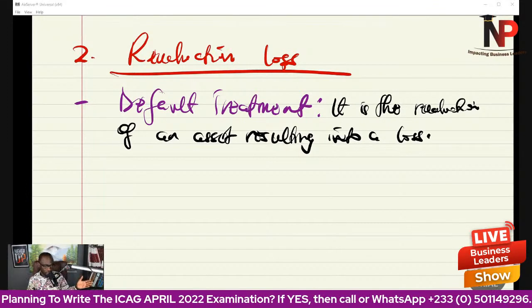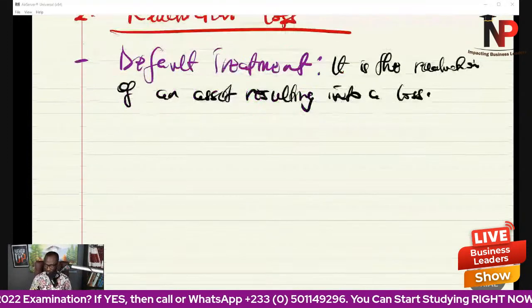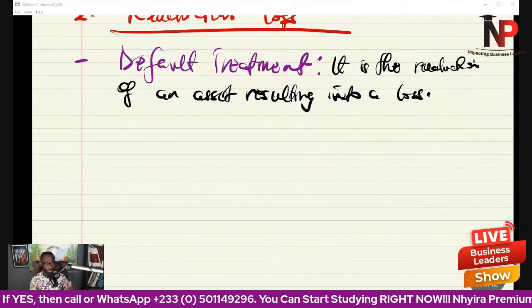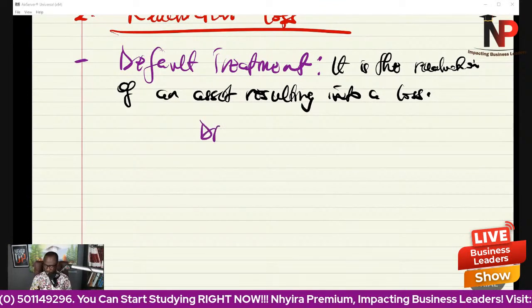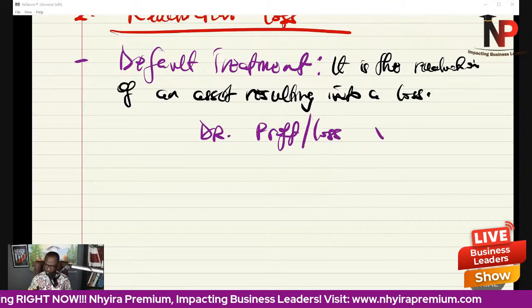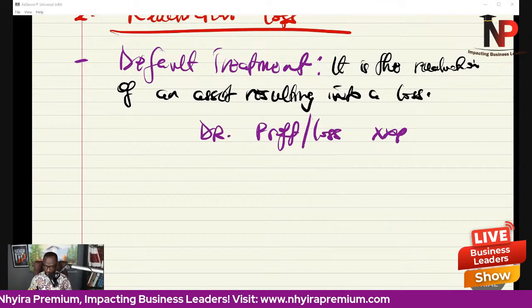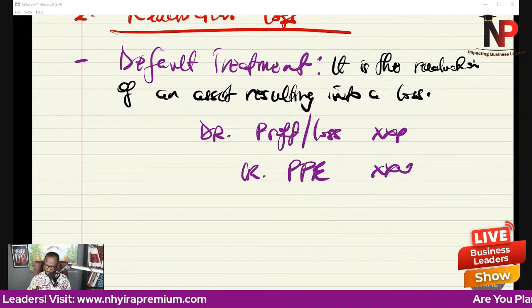That's the thing. First time, you are revaluing the asset for the first time and then it results into a loss. What do we do? Since it is a loss, all you do is to debit the profit or loss account with the revaluation loss you got, and then you credit the property, plant, and equipment. What does that mean?